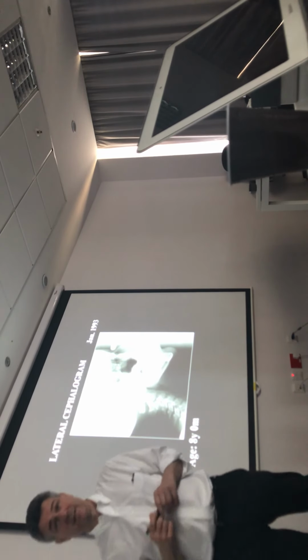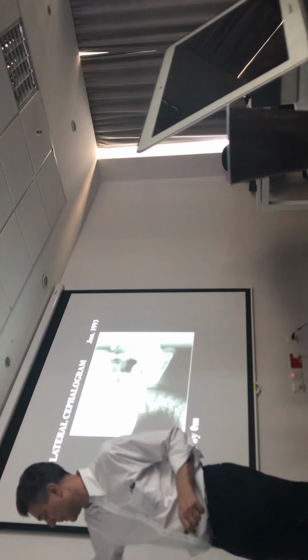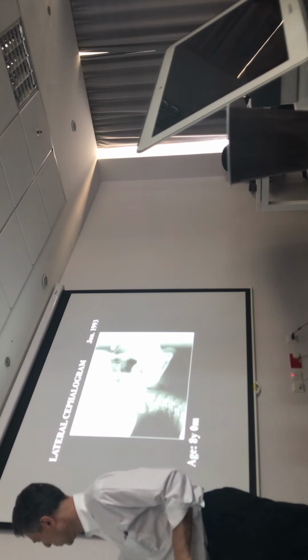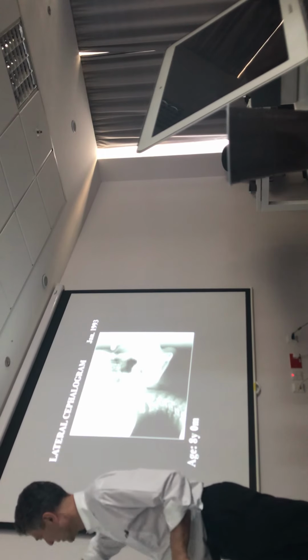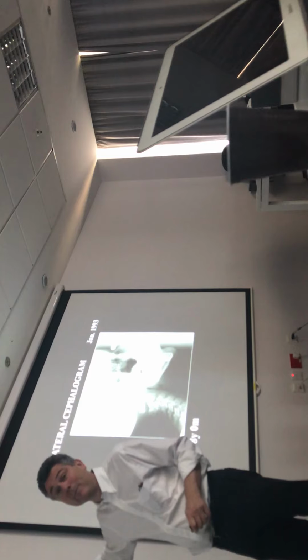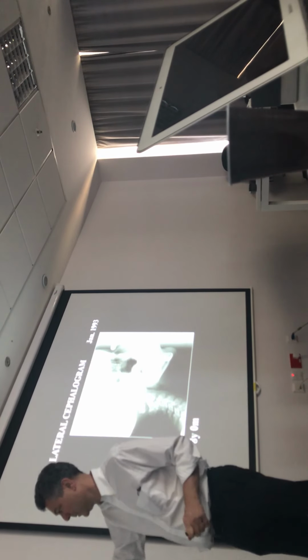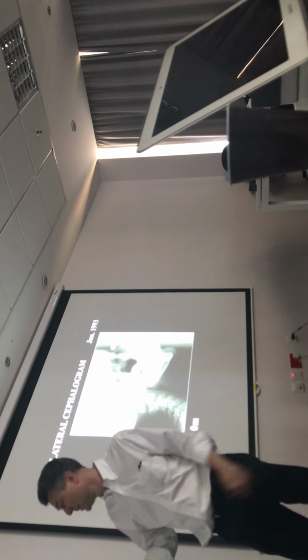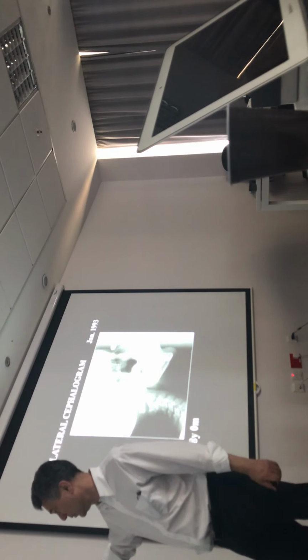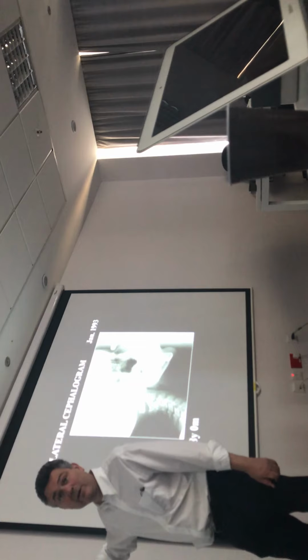What I was saying is that if you have this again, you would like to make this higher, but not protruding. You have to open the bite. In order to open the bite, you can do two things. Or you do something like that, and this will go here.